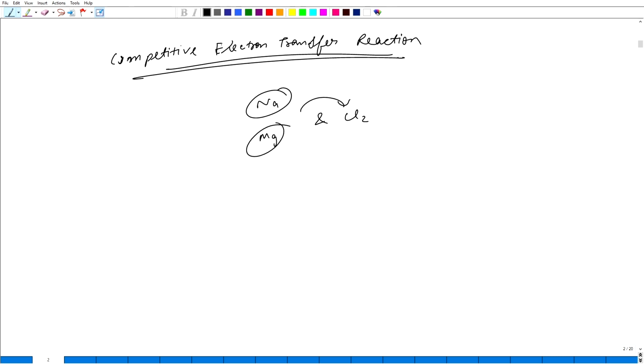For this, let us take one of the examples you have studied or maybe done in your practical labs. We prepare a solution of copper sulphate, copper sulphate aqueous solution. You know copper sulphate is an ionic compound. In aqueous solution it will dissociate into copper 2 plus ions and sulphate ions, right. So, copper sulphate is actually copper 2 plus ions.